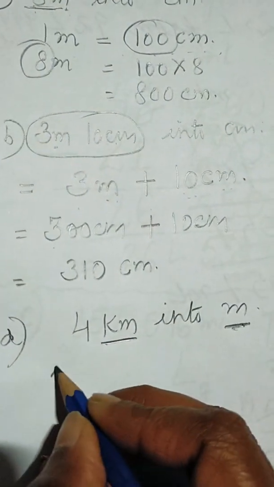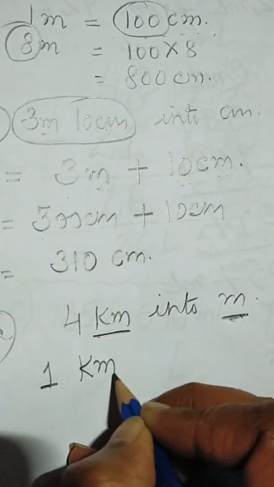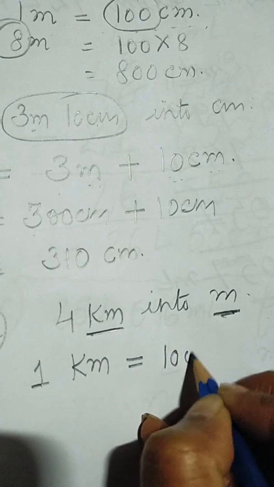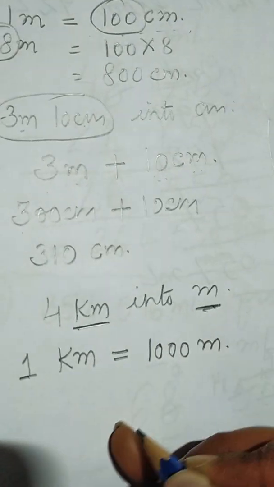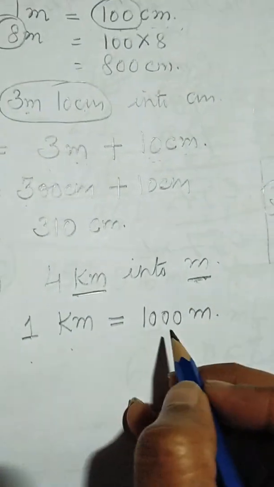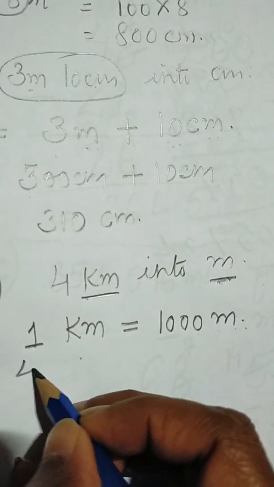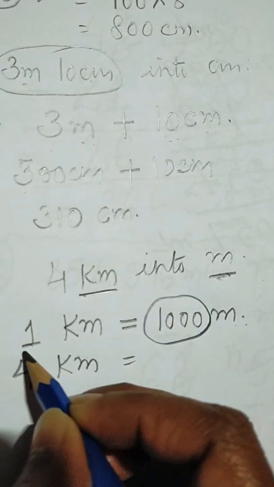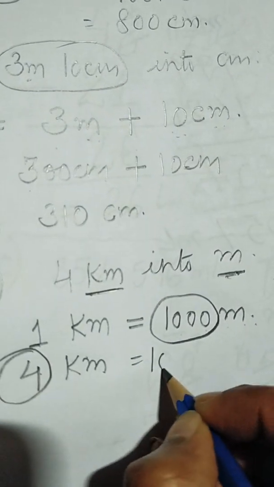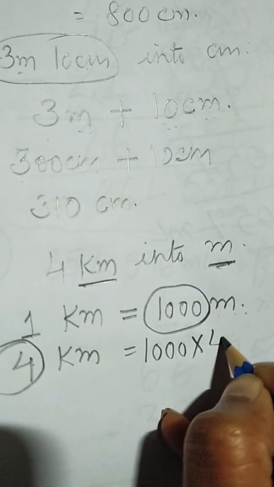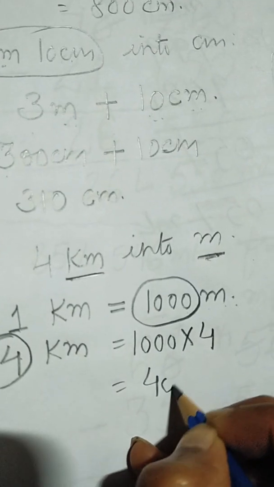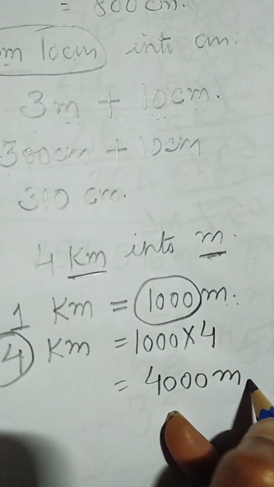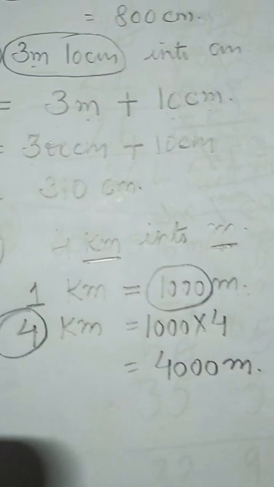So here firstly we will write 1 kilometer is equal to 1000 meter. So the question is of 4 kilometer. So 1000 multiplied by 4, we will get 4000 meter.